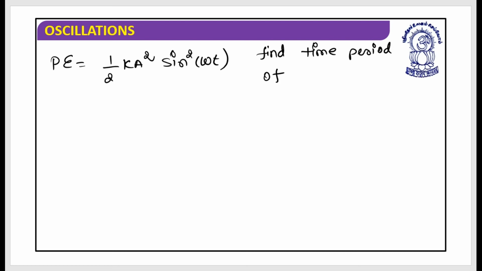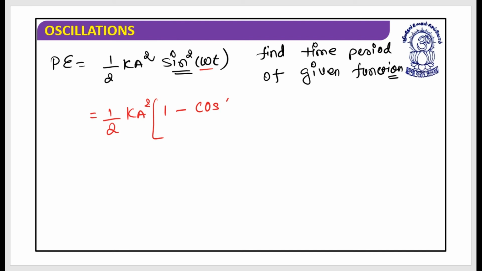what should I do? Because this is a square function, I cannot directly compare it with x equals a sin omega t, because this is sin squared. So I need to use a little trigonometry, and when I use it, this sin squared omega t could be replaced by (1 minus cos 2 omega t) divided by 2.